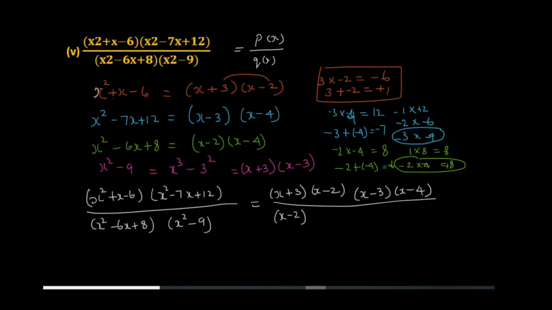Denominator: x minus 2, x minus 4 for the first polynomial and x plus 3 into x minus 3 for the second polynomial. Now we can cancel the same factors. x minus 2 cancel, x minus 4 cancel, x plus 3 cancel, x minus 3 cancel. So everything cancelled one time. So the answer is 1.